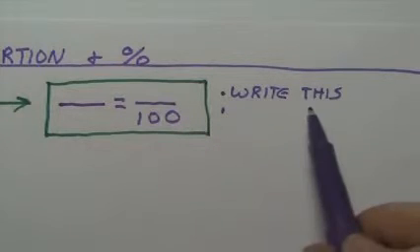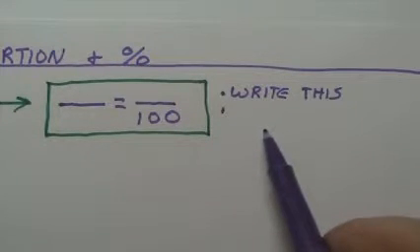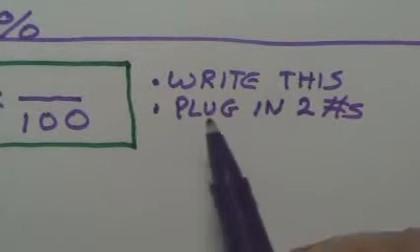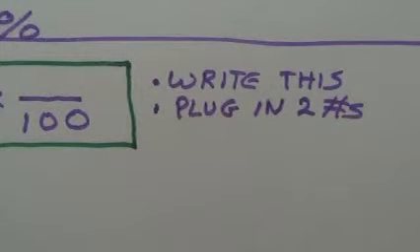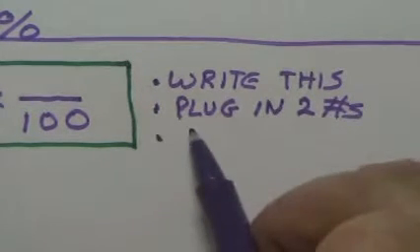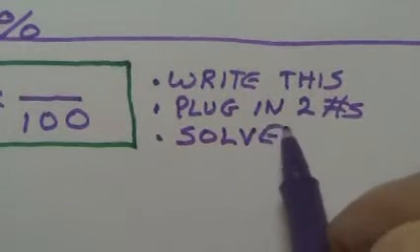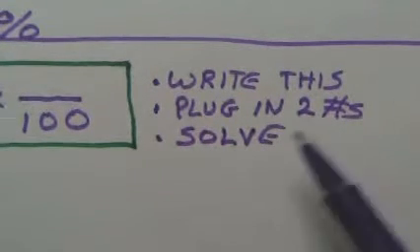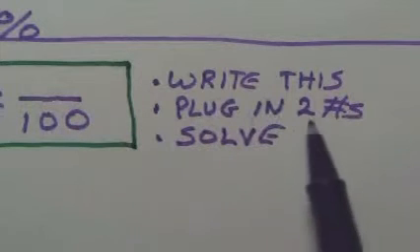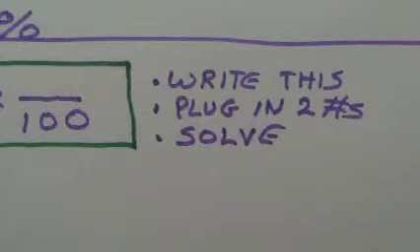Write this. The next step would be to plug in two numbers. And the last step is just to solve. So we need to write this proportion, plug in two numbers, and then solve.